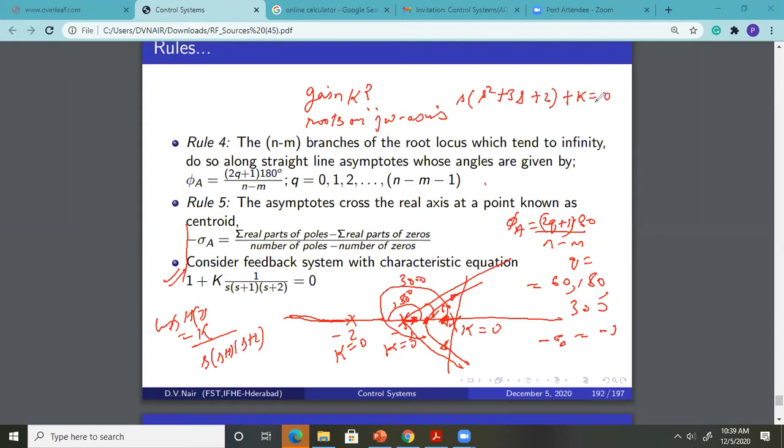This becomes the characteristic equation on simplifying, or nothing but s cube plus 3s square plus 2s plus K equal to 0. Am I right, friends?